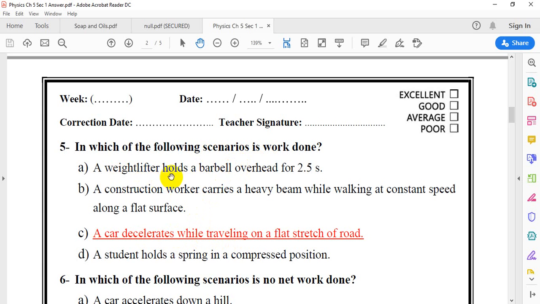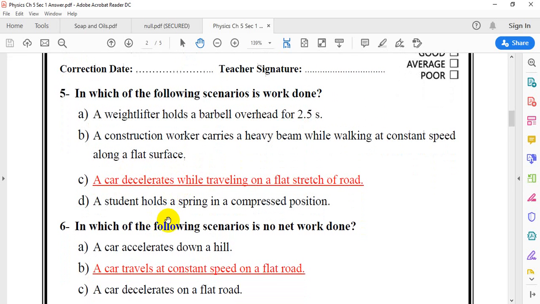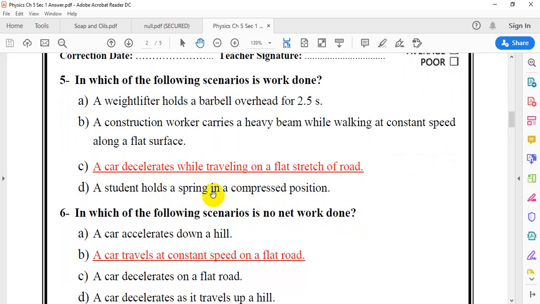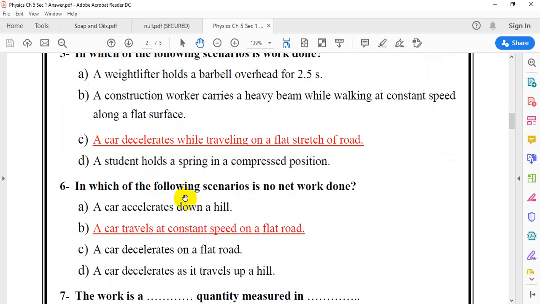If the weightlifter holds a barbell overhead for 2 points, no displacement here, just holds. A construction worker carries a heavy beam while walking at constant speed along a flat surface. Here, no work, because it moved with constant speed and the angle equals 90. A student holds a spring in compressed position, no work because no displacement.